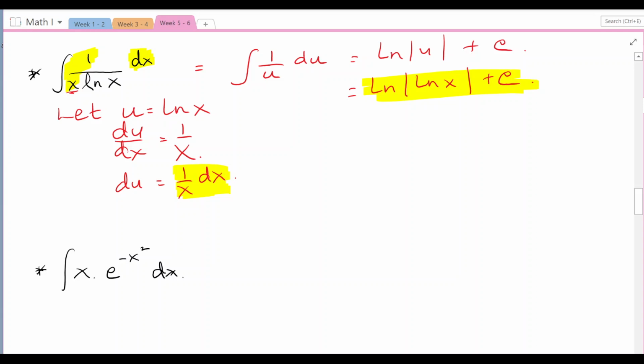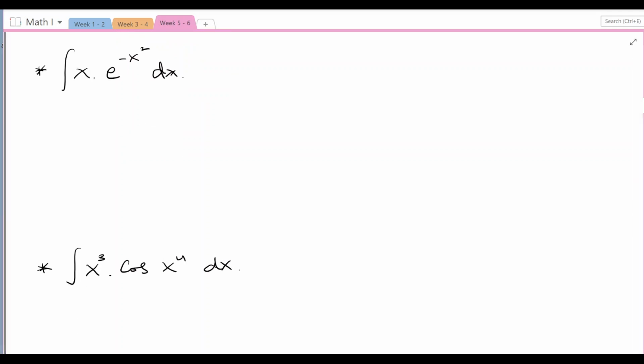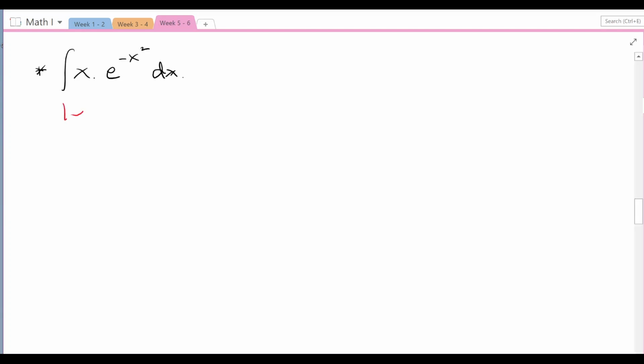Let's do another one here. Finding the integral of x times e to the power of negative x squared. Okay, so again, we will just have to choose what is our u.